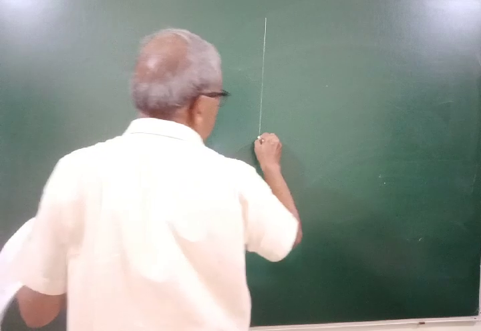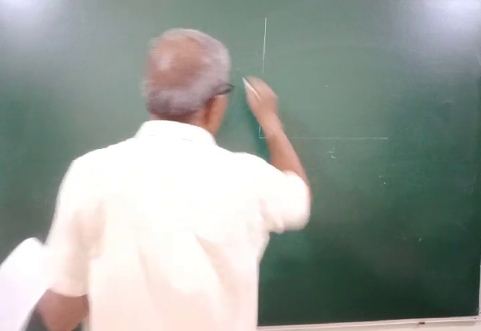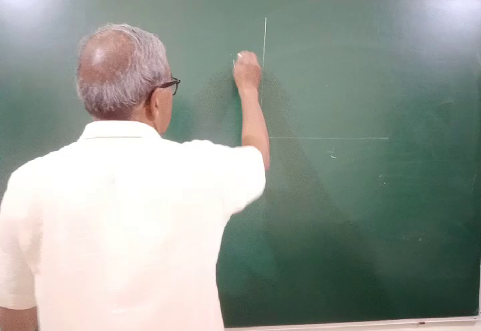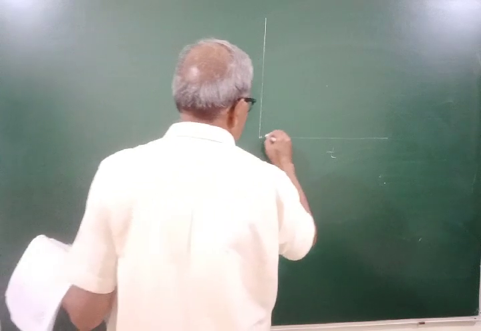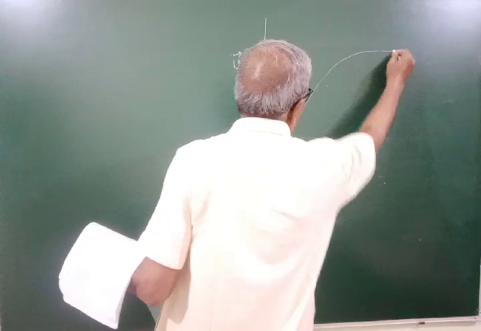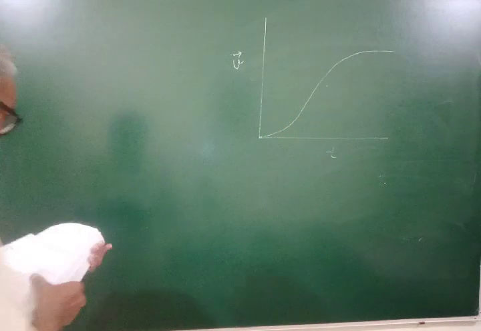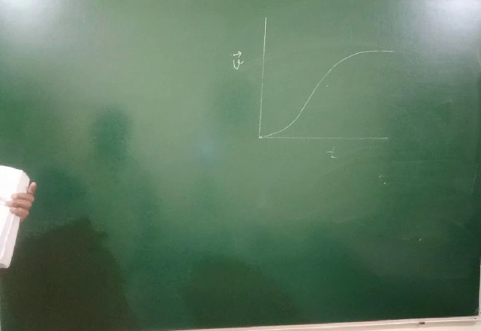There is a VT graph like this, time and V, velocity. For this VT graph, which of these are correct and which are wrong?